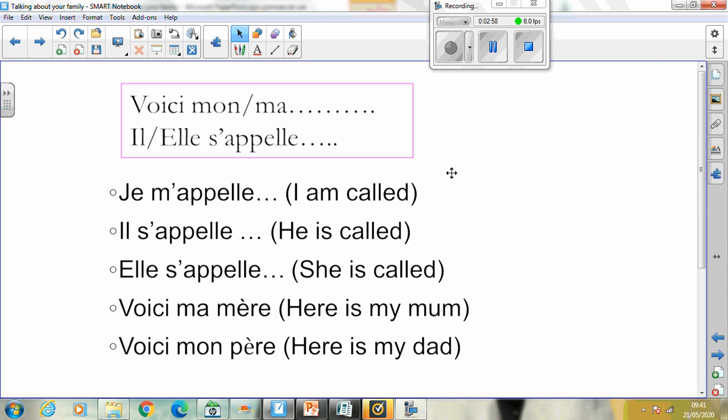Okay, what I'm going to do now is give you an English phrase and I want you to see if you can say the French translation. Here is my dad. If you said voici mon père, you would be correct. Let's do another one.